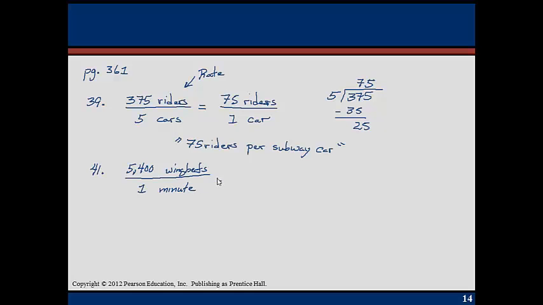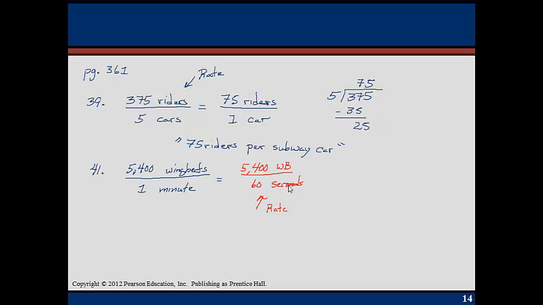And I'm going to rewrite this, because even though this is a unit rate in terms of minutes, they want it in terms of seconds. So this is 5,400 wing beats every 60 seconds. Because remember, there are 60 seconds in a minute. Now, this is our rate.